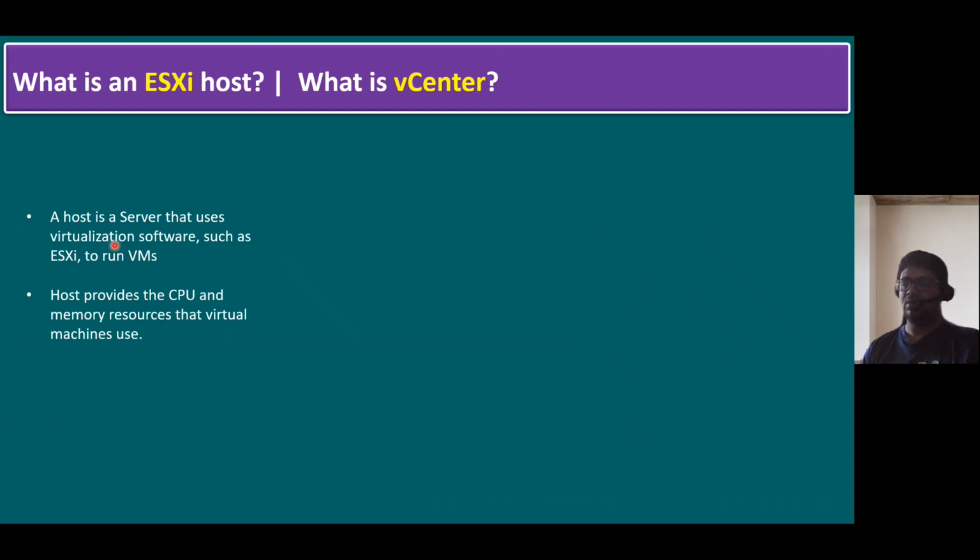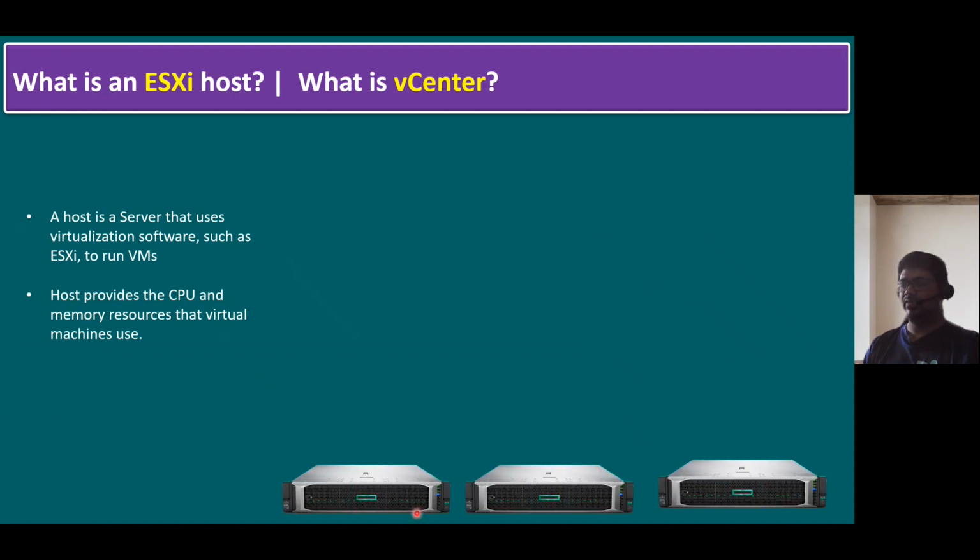That means if we have hardware with the CPU, memory, disk, and NIC, four key components, when it comes to virtualization, these become software components like virtual CPU, virtual disk, virtual memory, and virtual network interface card. In other words, the host provides the CPU and memory resources that virtual machines use. So for all the virtual machines, the resources come from the ESXi host only; it provides all the resources.